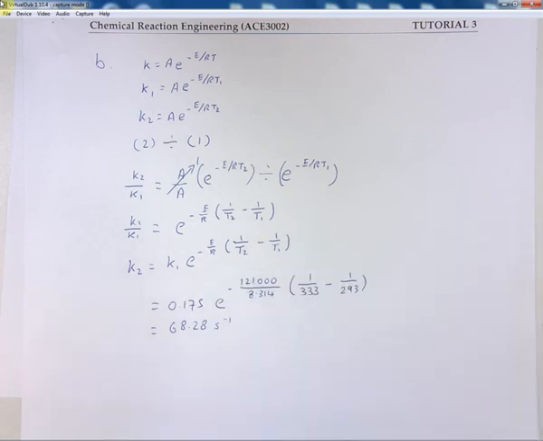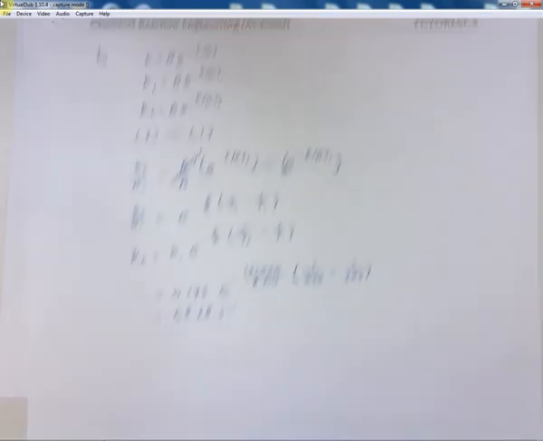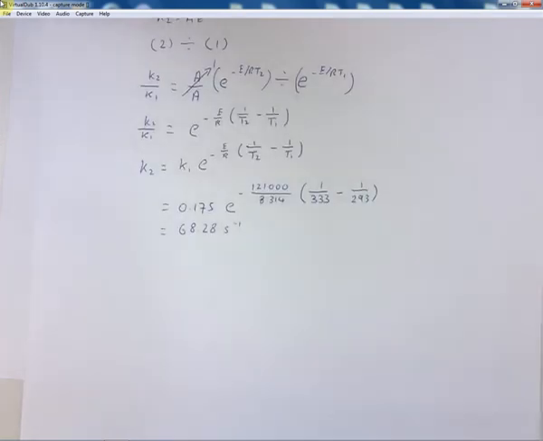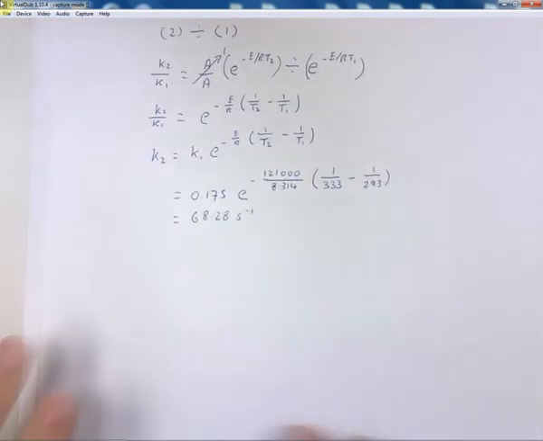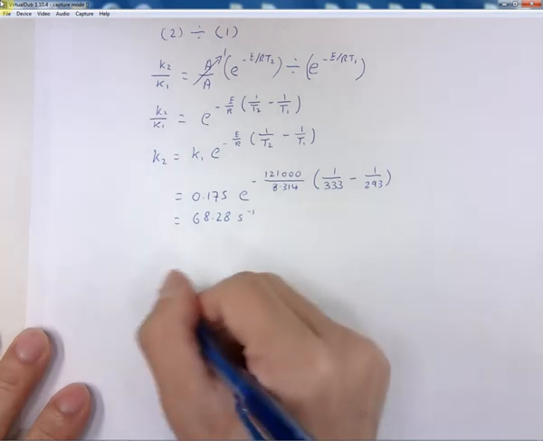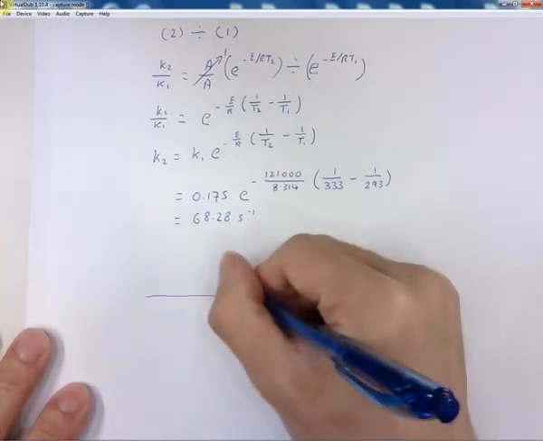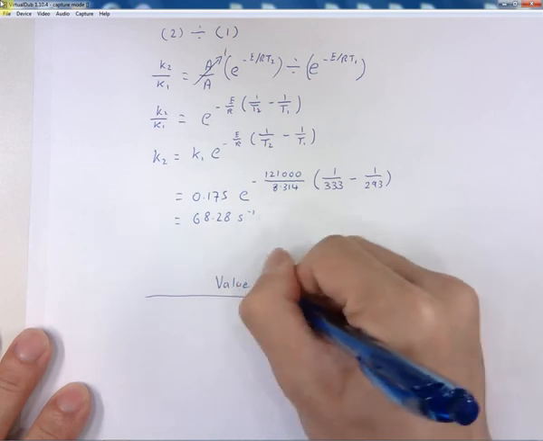Alright. Now we're going to answer the last part of the question: comment on the impact of activation energy on temperature dependence of the rate constant. So what I did was draw a table of the value of k2.